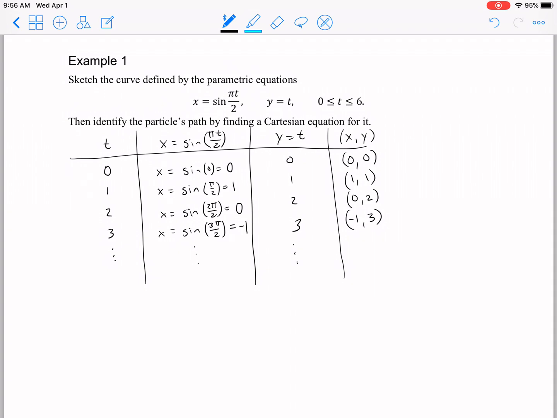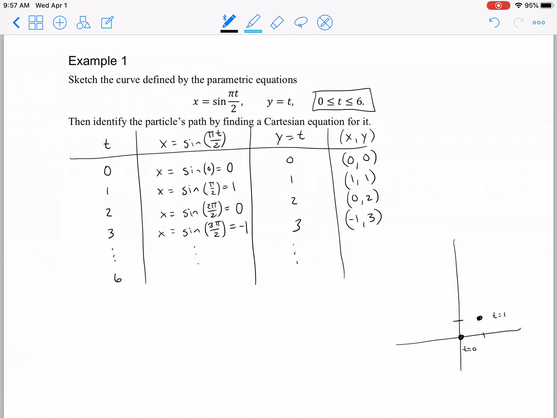And what you might notice is, as we're going along these points, we started here at t is 0, because again, we were bound for t to be greater than 0, but less than 6, so you could go all the way out to 6. But essentially, what's happening is we're going 0, and then at t equals 1, we've got 1, 1, and then at t equals 2, so this is t equals 0, this is t equals 1.